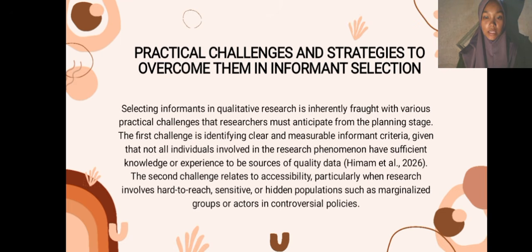The first challenge is identifying clear and measurable informant criteria, given that not all individuals involved in the research phenomenon have sufficient knowledge or experience to be a source of quality data (Himam et al., 2026). The second challenge relates to accessibility, particularly when research involves hard-to-reach, sensitive, or hidden populations such as marginalized groups or actors in controversial policies.